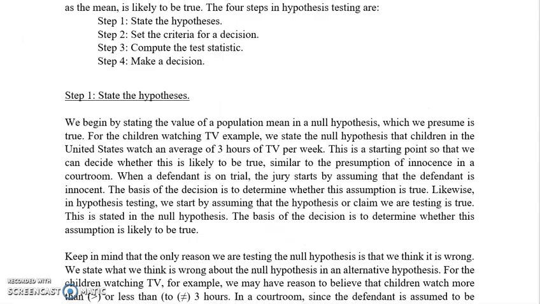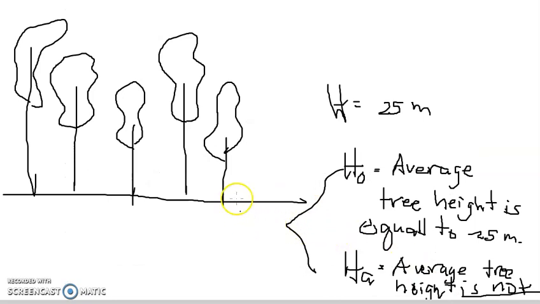Based on our lesson, we state the value of a population mean in a null hypothesis, which we presume is true. For example, with children watching TV, we state the null hypothesis that children in the US watch an average of 3 hours of TV per week. Now, in forestry, we look at an example of a forest stand. By looking at this, we have 5 tree species here.